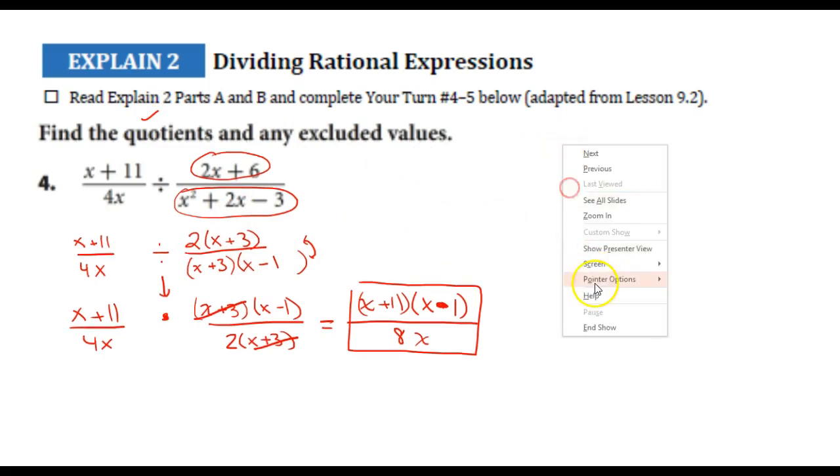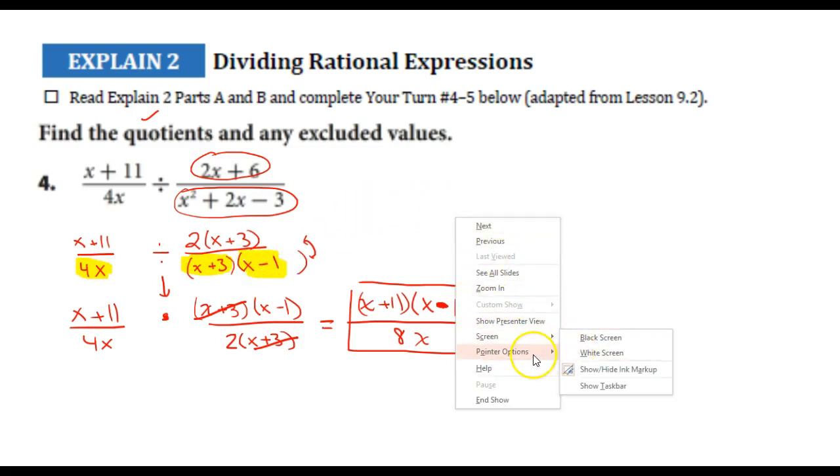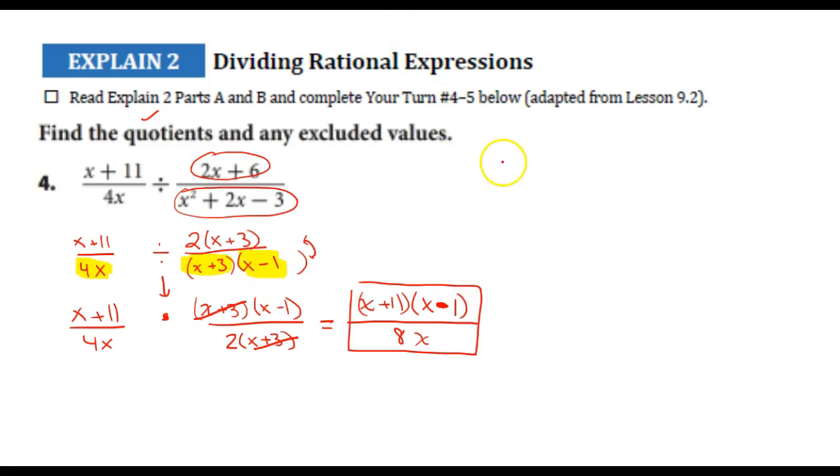The next thing we did was we tried to find our excluded values. Let me just change this to a highlighter so that way you can see what factors we are going to set equal to 0 to find out what my excluded values are. So these factors we will set equal to 0. I'm going to do this on this side of the page. That would be 4x cannot equal 0, x plus 3 cannot equal 0, and x minus 1 cannot equal 0.